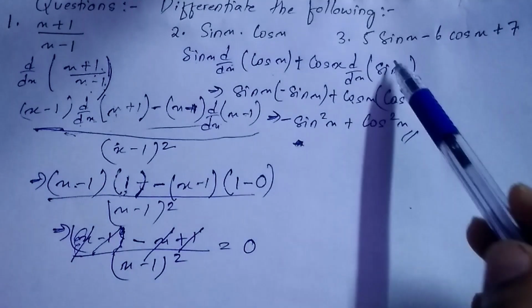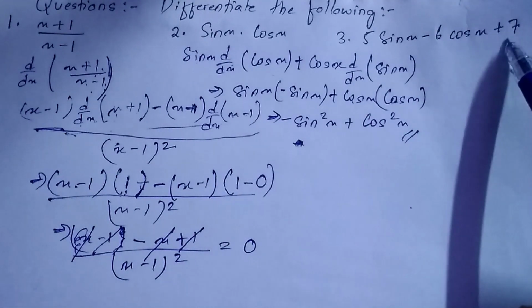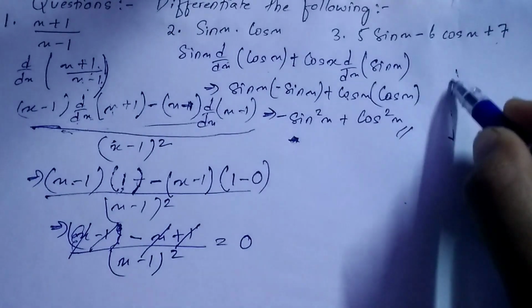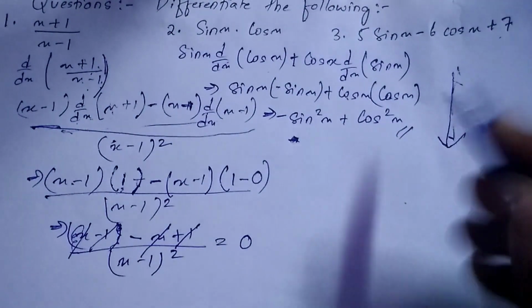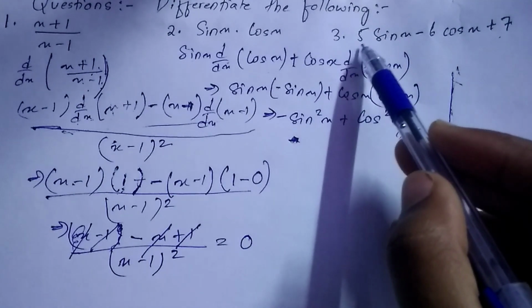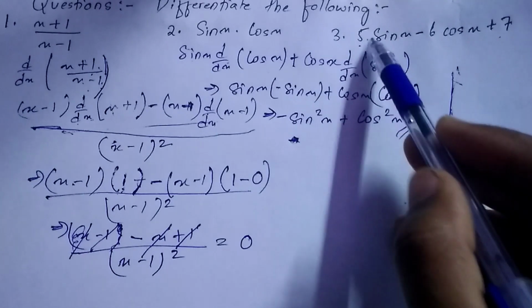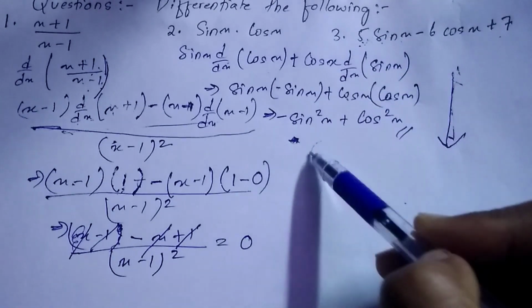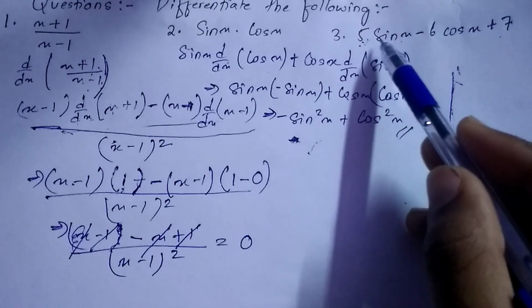Now next one, 5 sin x minus 6 cos x plus 7. So I am doing this one out here since there is no space. So 5 sin x. As you all know 5 is a constant term, but it is in multiplied form with sin x. So we are not going to write 0 for 5 because it is in multiplied form.